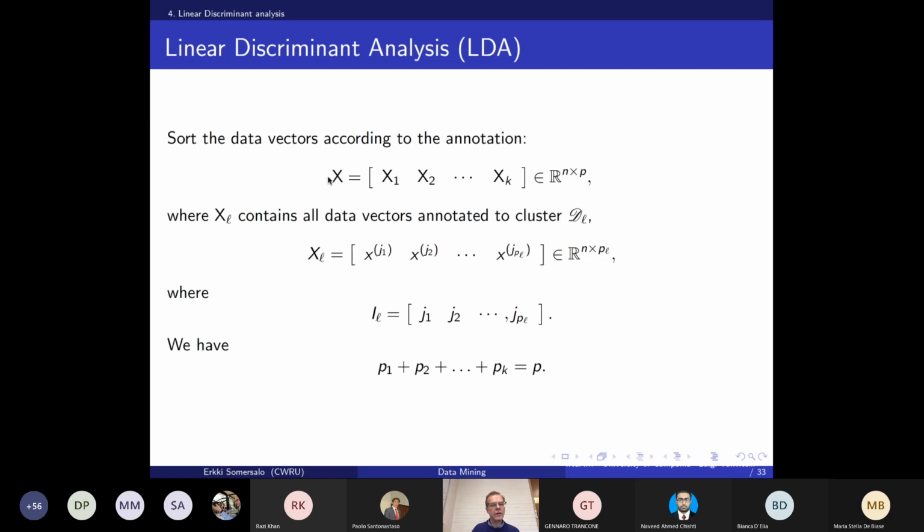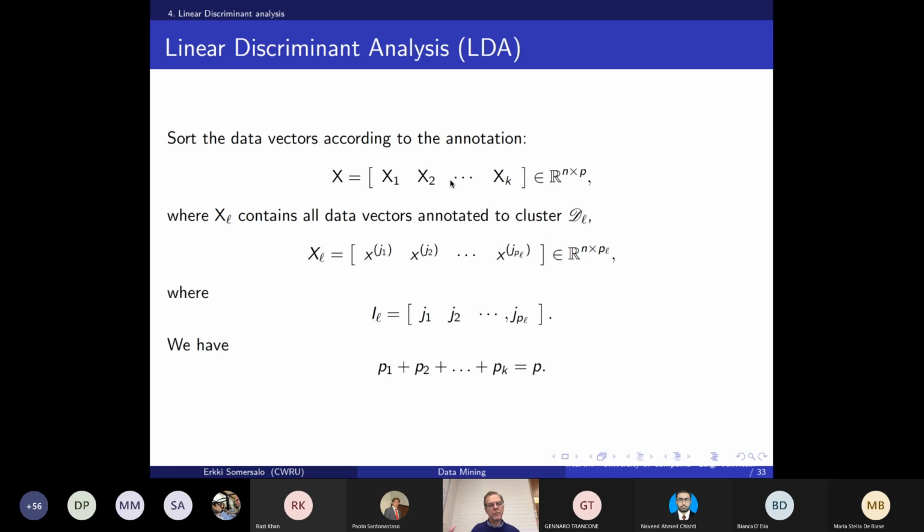So I'm organizing the data vectors that correspond to class 1 in the first block. In the second block, I'm organizing the vectors that belong to the second class, etc. And the last block contains the kth category data. So this is like partitioning the data.